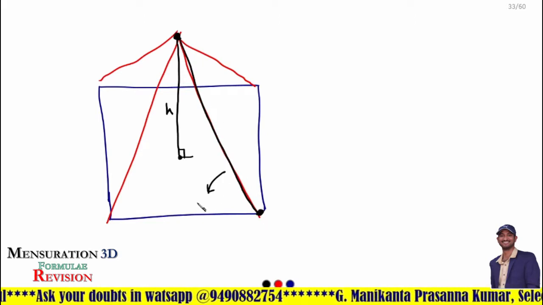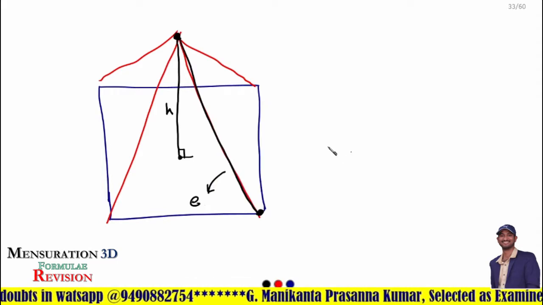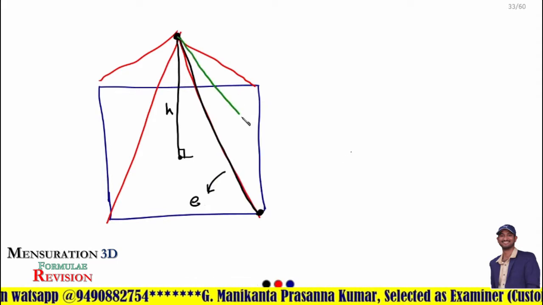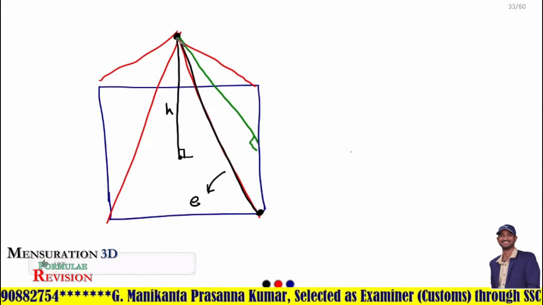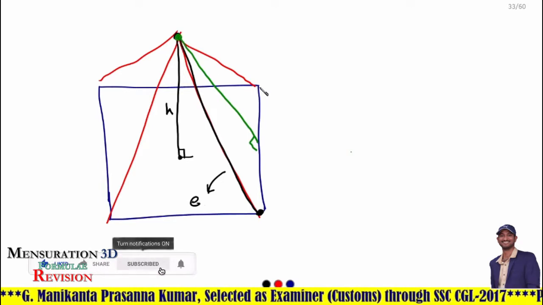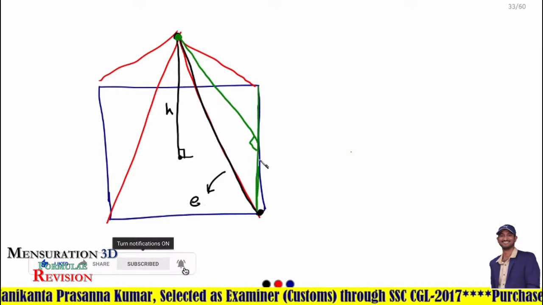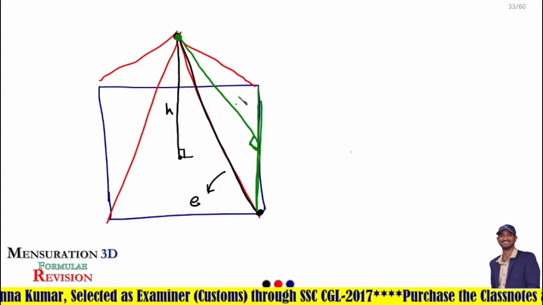It is called a slant edge. When we talk about slant height, it is the height of the slant portion. This is the slant height. That means it is the perpendicular drawn from the apex point to any side of the base polygon. This is slant height, L.